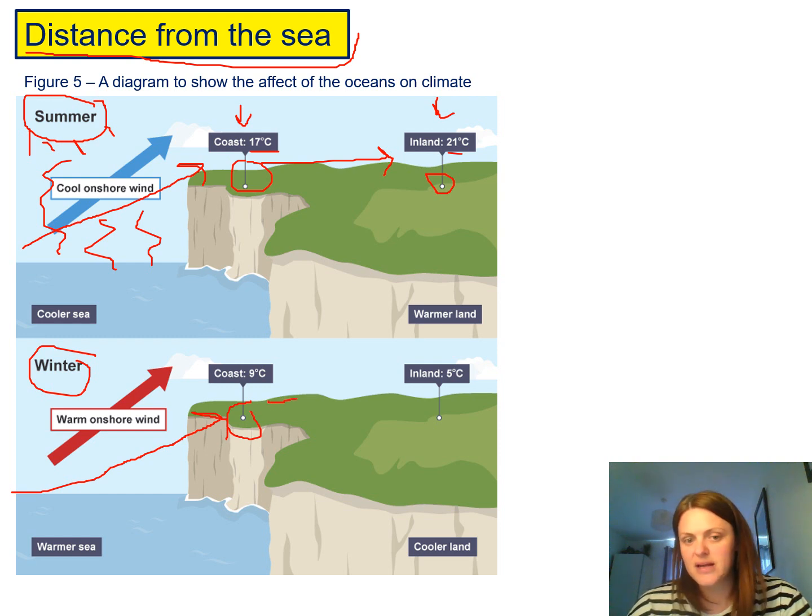But as that breeze blows over the colder land, it's going to blow with it cooler air. And therefore, places inland during the winter are going to be cooler. Okay? So if you don't understand, just rewind this little bit again and listen to my description.